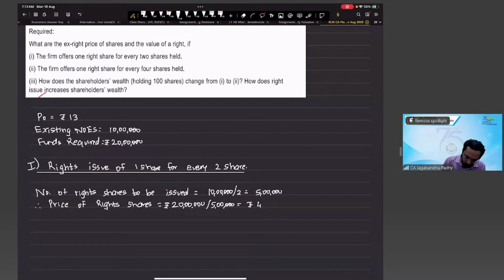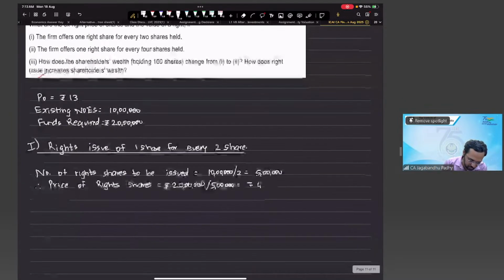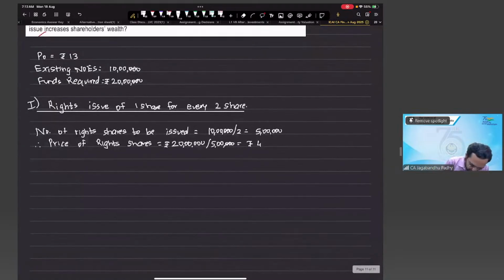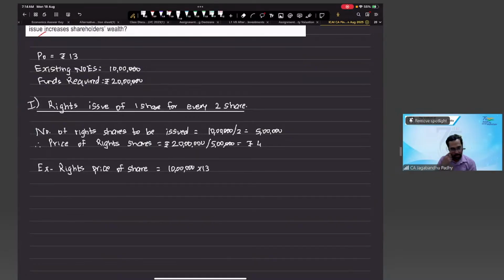The question asks us the ex-rights price of the share and the value of the right. How do we calculate the ex-rights price? Originally we had 10 lakh shares at a price of rupees 13. This was the wealth of the company before the rights issue.